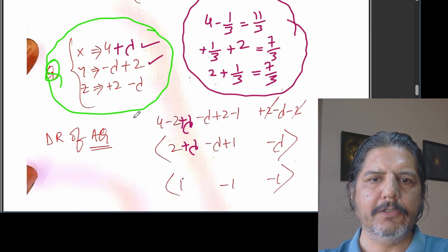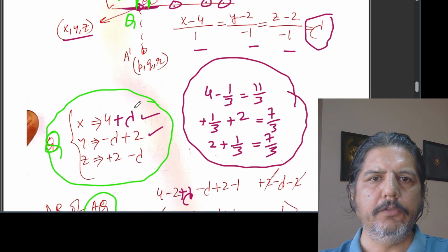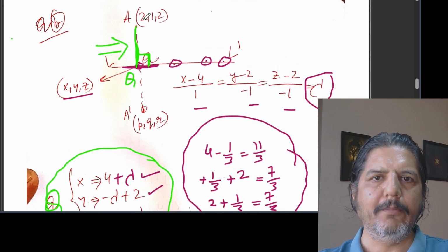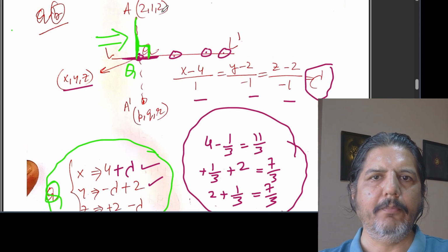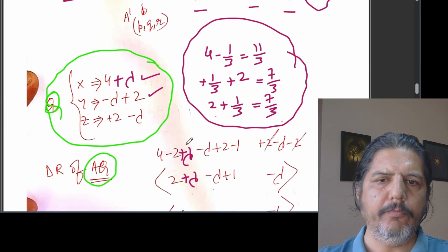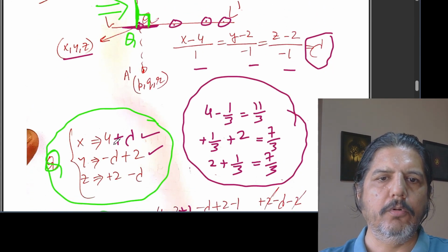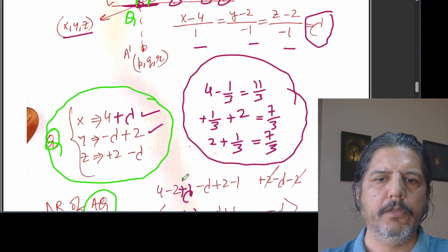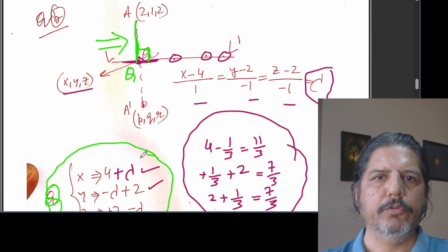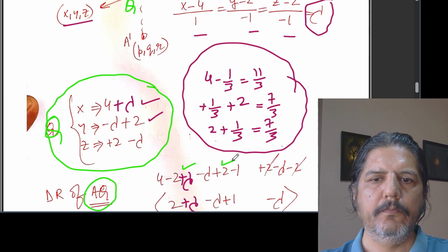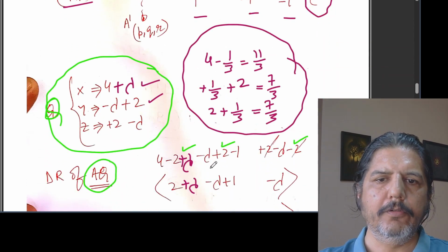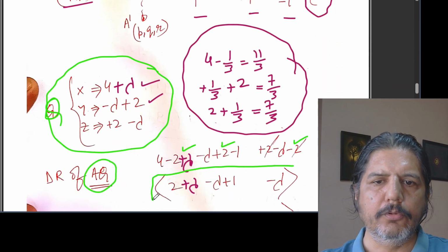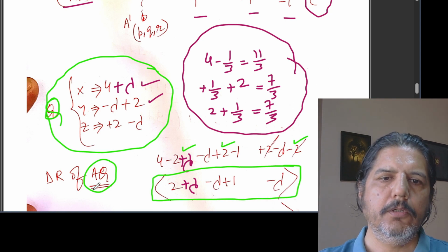The direction ratios of AQ are 4 plus lambda minus 2, minus lambda plus 2 minus 1, 2 minus lambda minus 2. So when I solve this, this is the direction ratio of my line AQ.